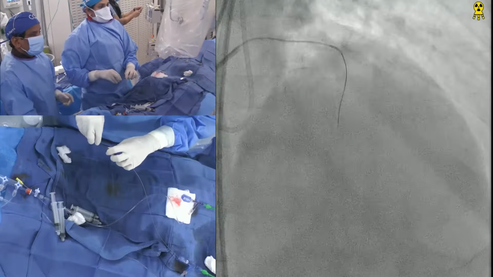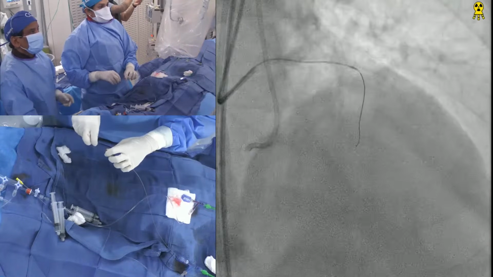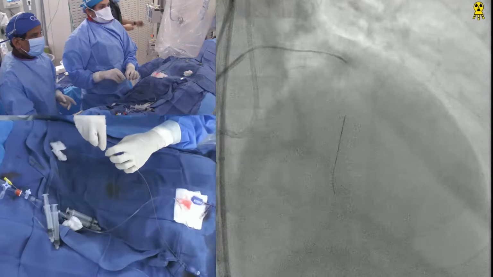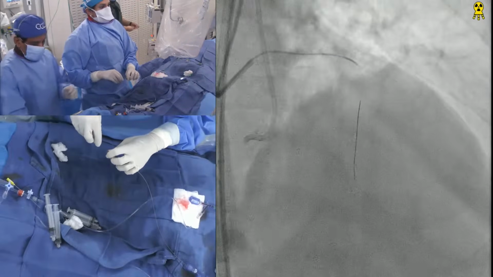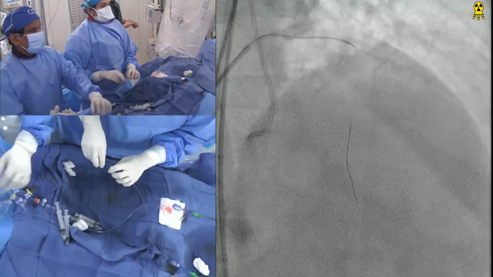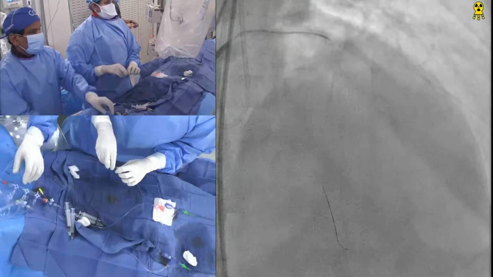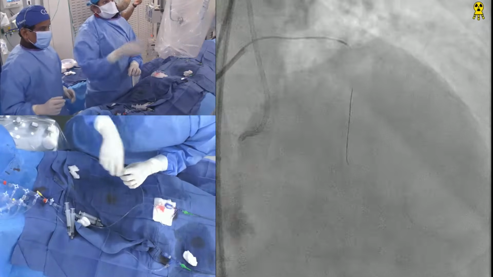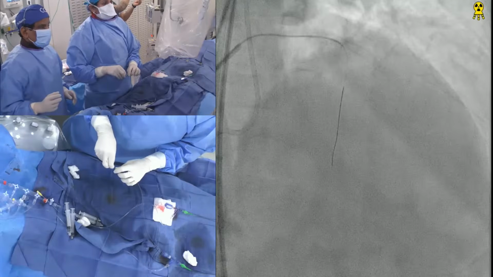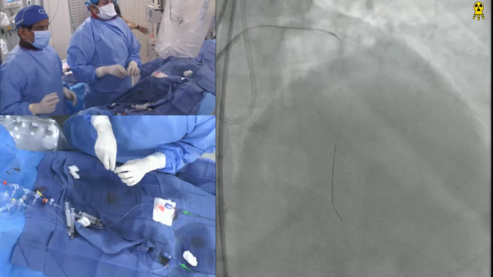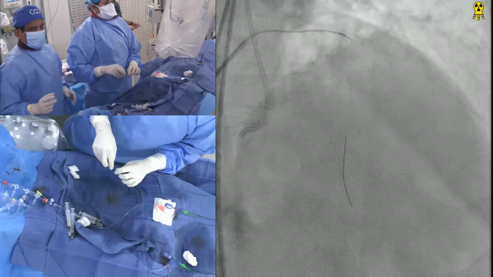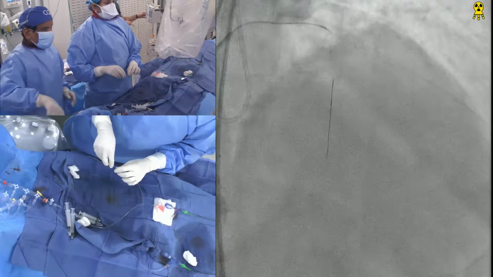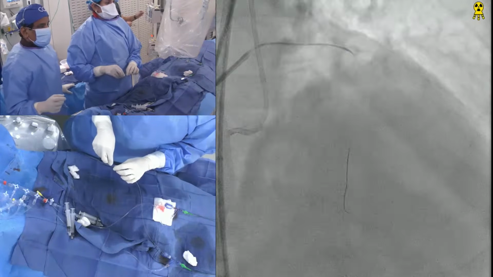It's the route towards the RCA, all semi-curly cues. Going away. Going this way. I need to come to the medial side. Okay, let me see here. See if it goes even there.